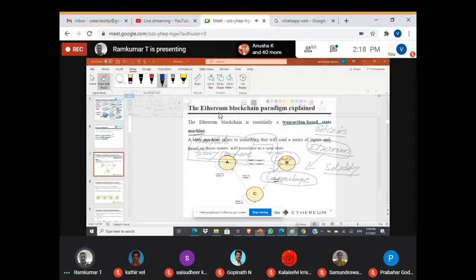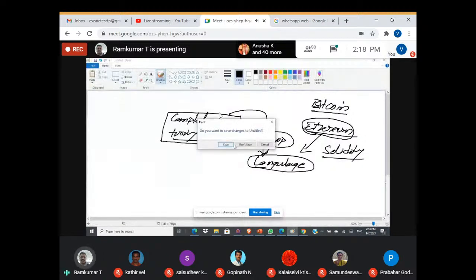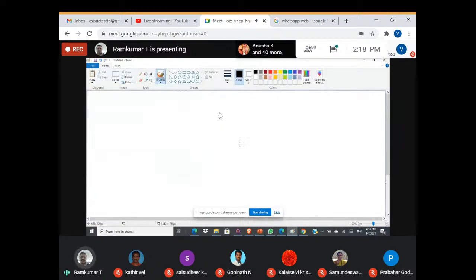We know that Ethereum is a decentralized and distributed application kind of thing. We know that there are n number of users, and this is maintaining the ledgers.